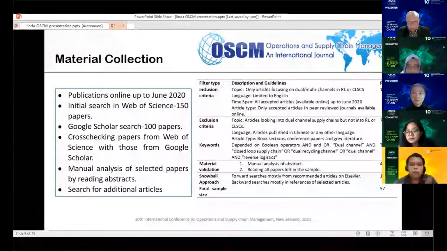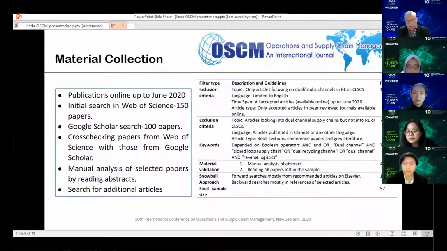I did not look at what we call gray literature, and that is conference proceedings, book sections, book chapters, and lecture notes. And in my exclusion criteria, I ignored articles published in Chinese or other languages, and my keywords depended on Boolean operators and, or.